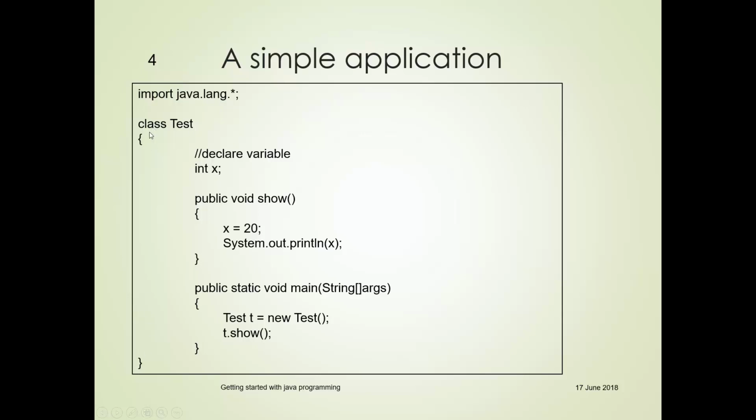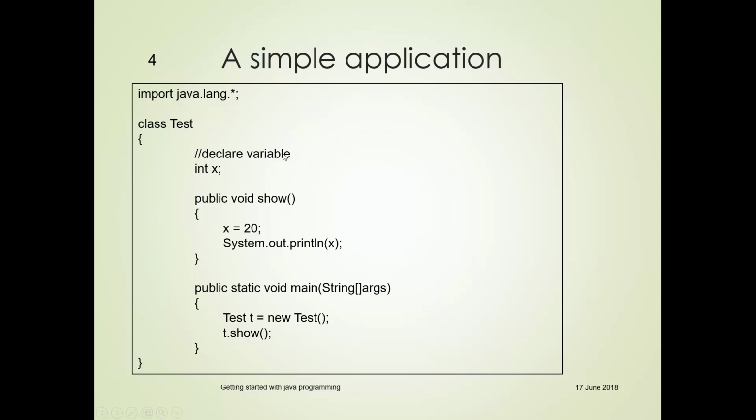Now what does a class consist of? The class consists of my program, which includes variables. Here I can see this variable, int x is a variable. I will come back later to what this variable actually means, but for now this is a variable, int x. Before the variable, after the double slash, I have written this declare variable. This particular line is called a comment.